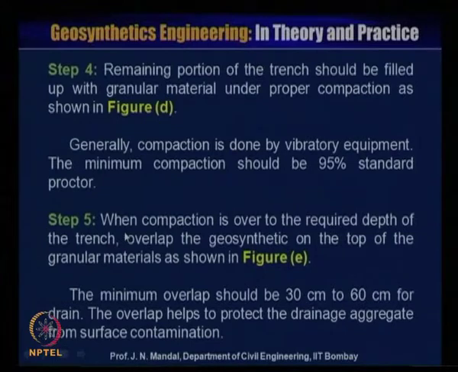Now, step 5, generally compaction is done by vibratory equipment. The minimum compaction should be 95% standard Proctor. Step 6, when compaction is over to the required depth of the trench, overlap the geosynthetics on top of the granular material, and the minimum overlap should be 30 centimeters to 60 centimeters for a drain.